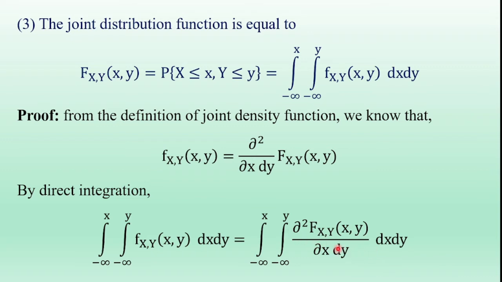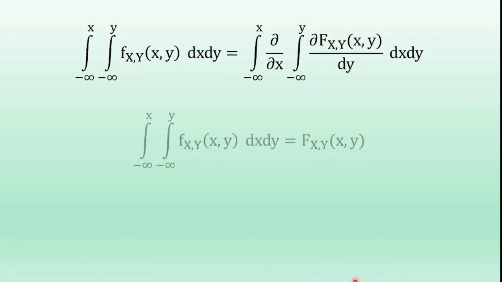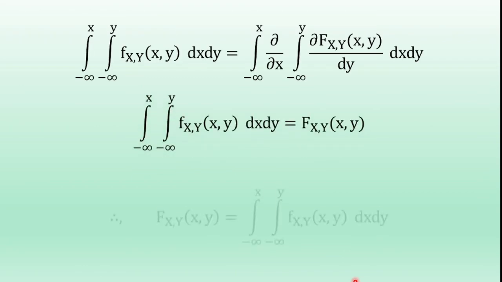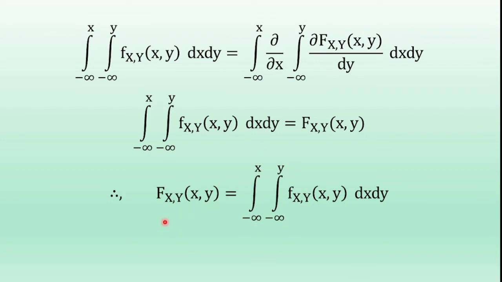Now on the RHS, the integral with respect to x cancels the derivative with respect to x, and the integral with respect to y cancels the derivative with respect to y, and the remaining RHS term is capital F_XY(x, y). Therefore, the joint distribution function of the random variables X and Y is equal to the integral of the joint density function of the random variables X and Y.